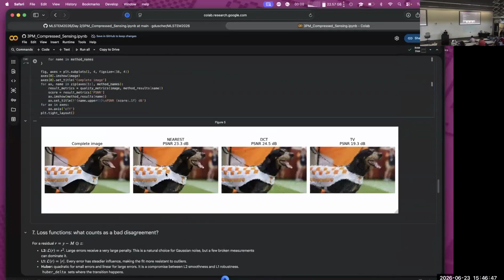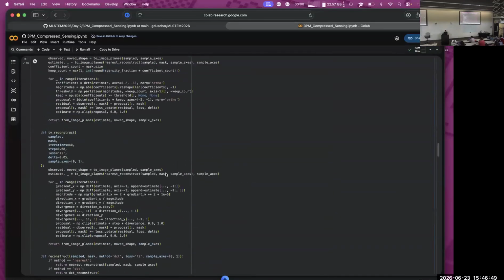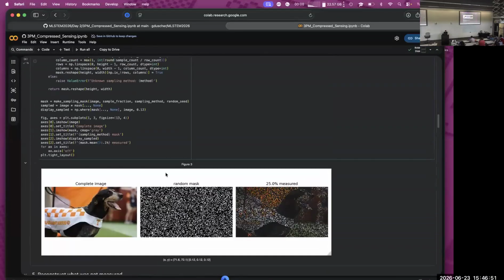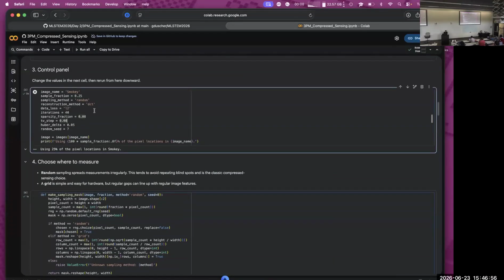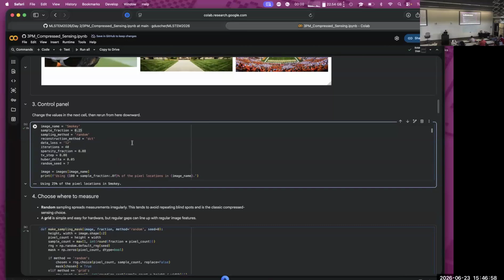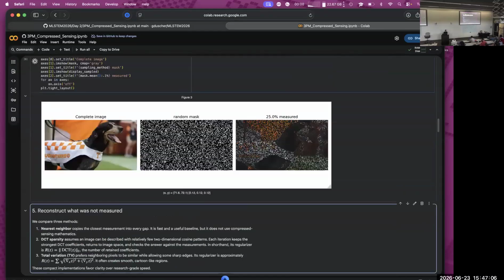But I'm going to go back to the beginning of the notebook and try to use a much noisier image. And we'll see how it runs that way. So let's only sample 6%.